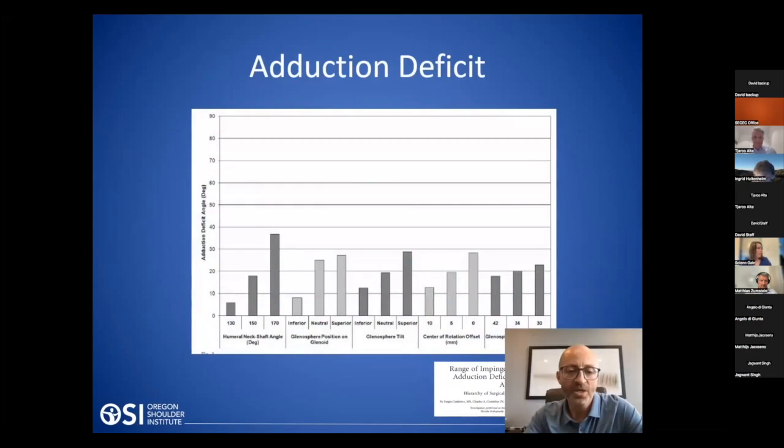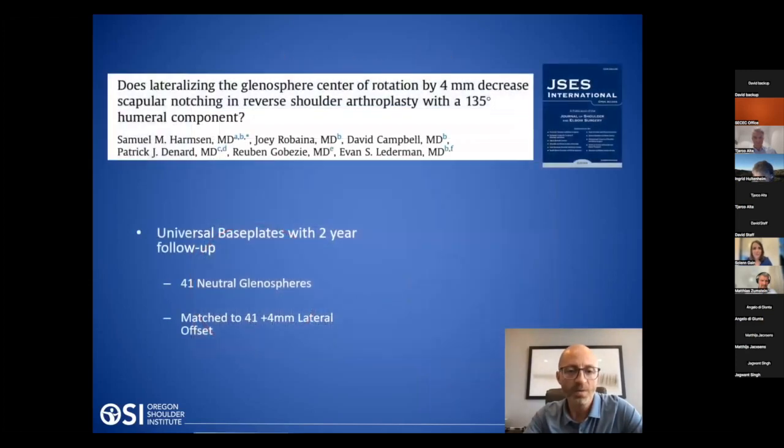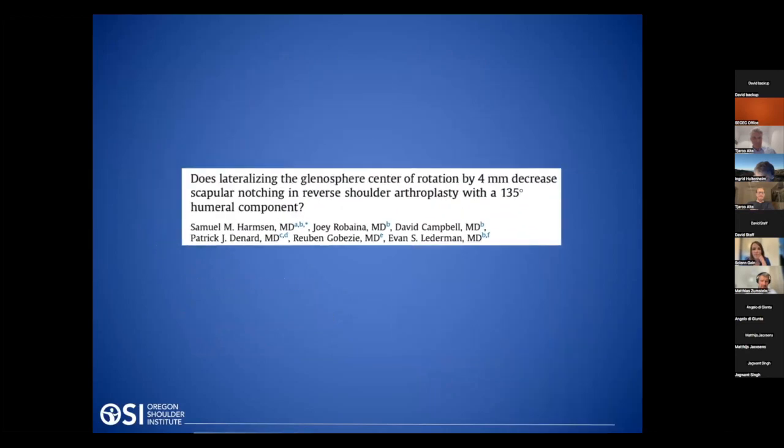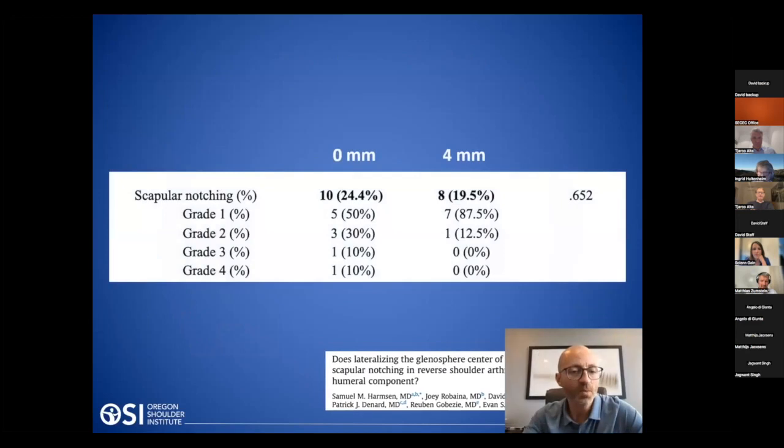Of all the factors here, the single biggest factor that decreases notching the most is moving to a more anatomic neck shaft angle. About lateralization, we compared with the 135 0 and 4 millimeters of lateralization in a series of retrospective patients. Interestingly, notching decreased in severity, but we were not able to eliminate notching with 4 millimeters of lateralization with a 135.